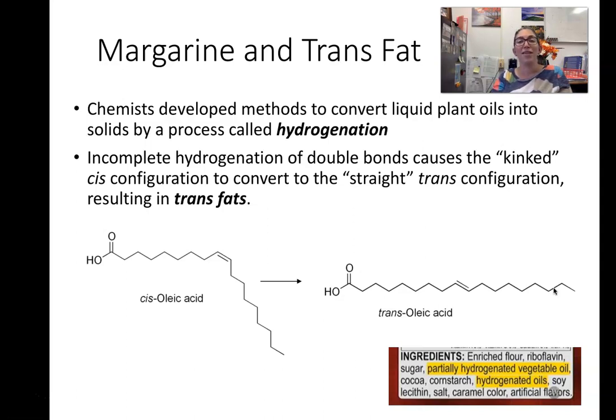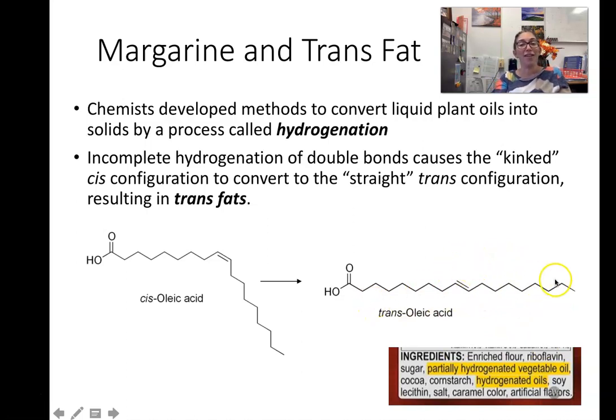And so replacing saturated fat with unsaturated oils was just not always something that was doable, that led to desirable texture of foods. So they took those unsaturated fats, chemically modified them to make them behave more like saturated fats, but assumed that they'd still be healthy for you because they were still technically unsaturated.